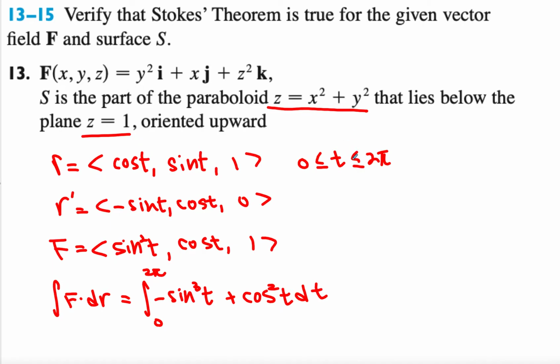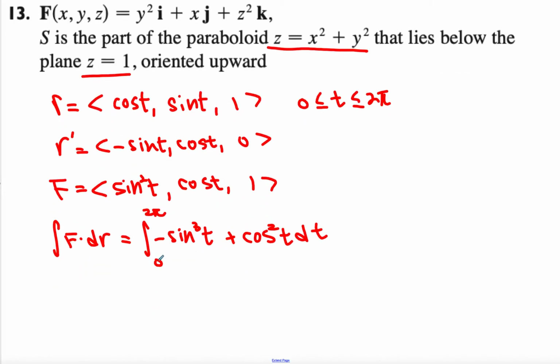Now let's look at this one together. How would you integrate sine cubed? I'm going to look at sine cubed t as 1 minus cosine squared t, times another sine t.